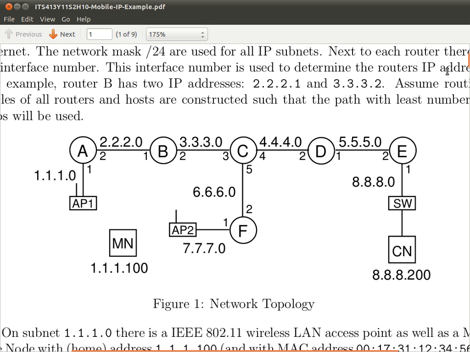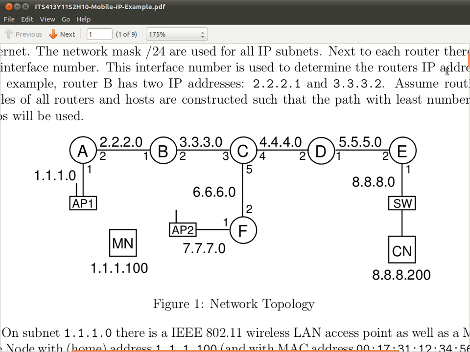So this would be the wireless LAN header for the frame sent and received across this link. So that's at the layer 2 level.